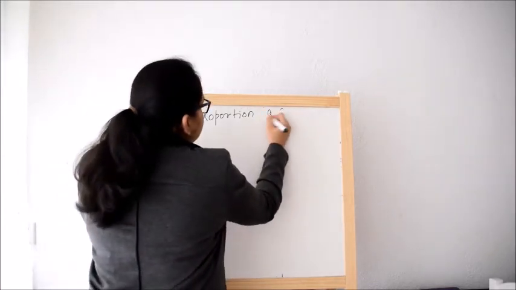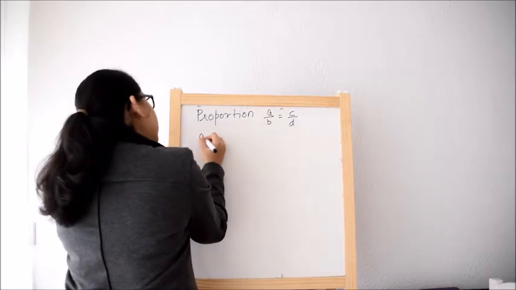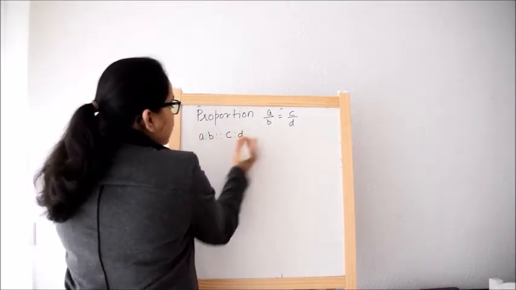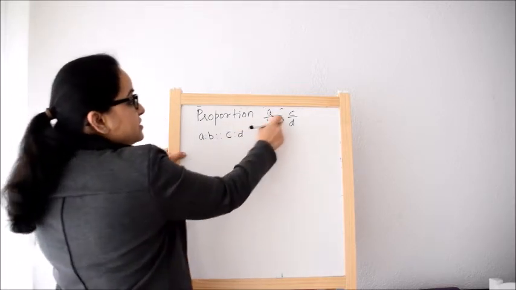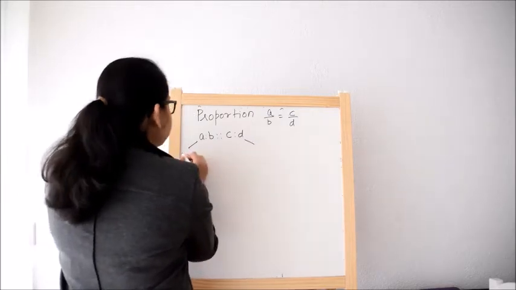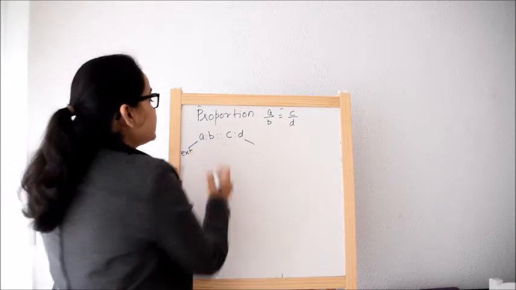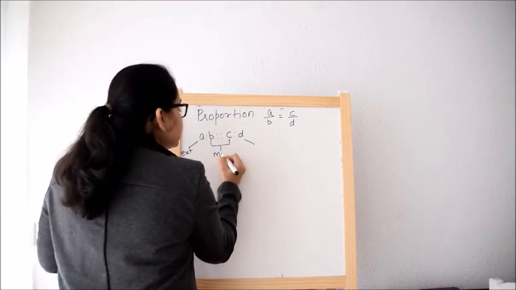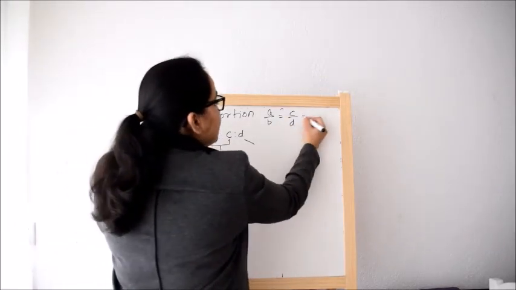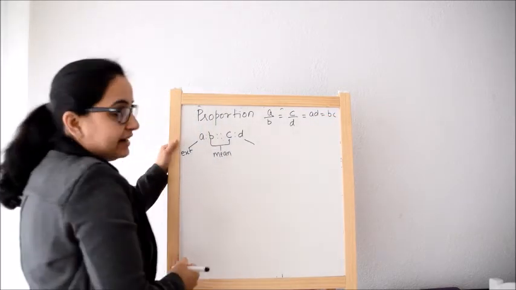Okay, if A by B is equal to C by D, then it will be represented as A is to B is same as C is to D. There are two dots which represent equal. Okay, so these are the extreme terms. These are called the extreme terms and these are called the mean terms. Okay. Now when we cross multiply this, it will become AD is equal to BC, right?